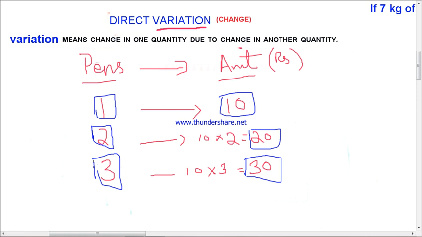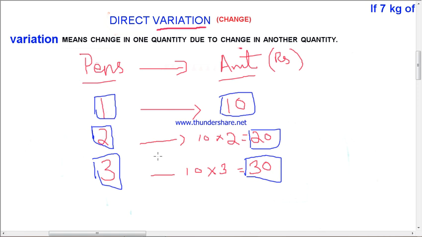Now the question arises, what kind of change is happening? If you notice carefully over here, it is increasing. The 10 is increasing to 20, 20 is increasing to 30. Why? Because the other quantity is also increasing. 1 is increasing to 2, 2 is increasing to 3.